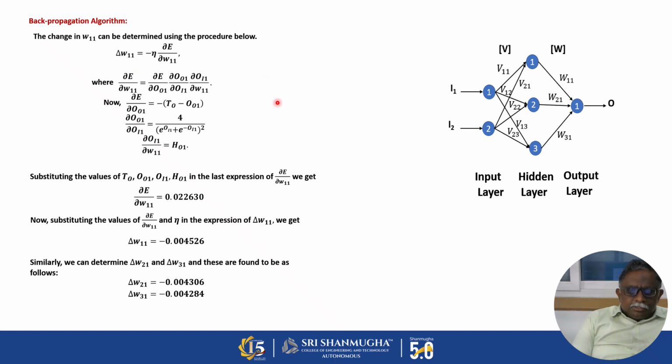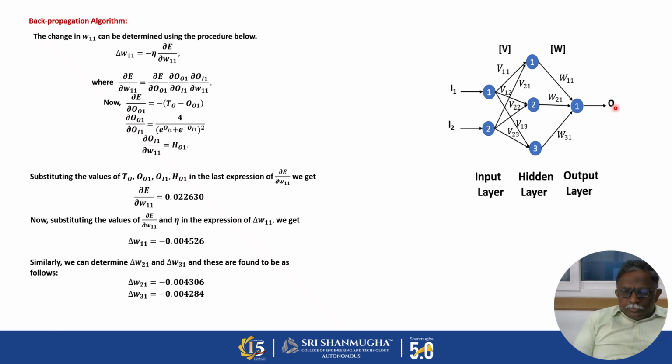Earlier we said W new is equal to W old minus eta times the change in loss with respect to weight. So for W11, the change in weight is equal to minus eta dou E by dou W11.